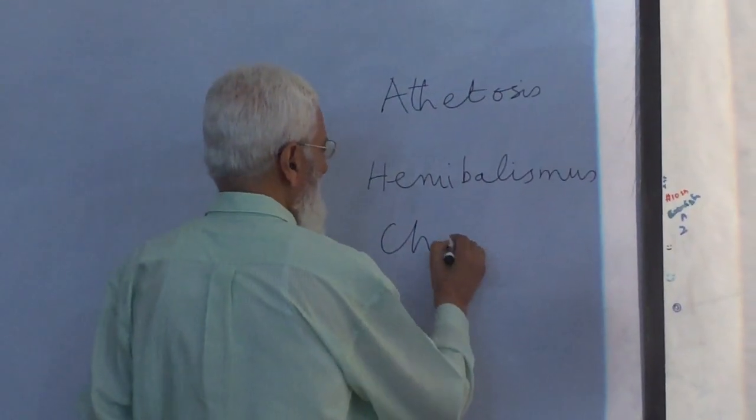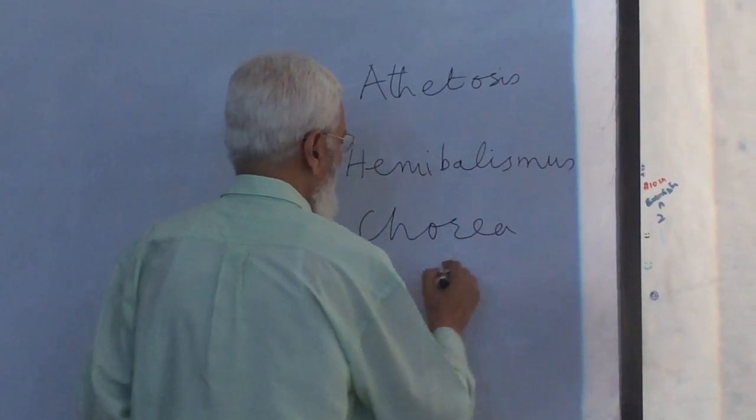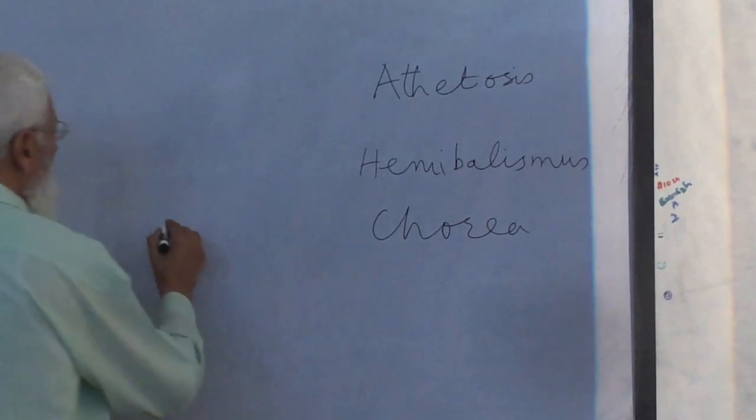The next disease related to the basal ganglia is chorea, also called Huntington's chorea.